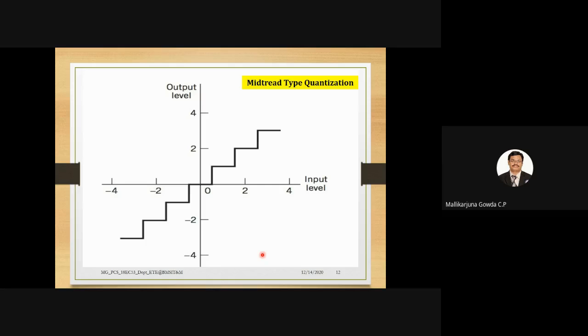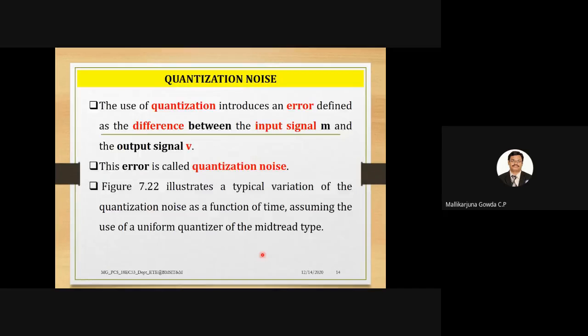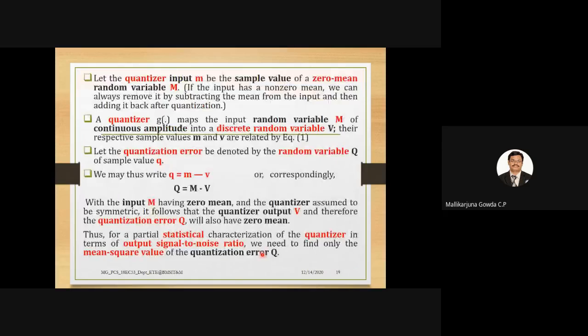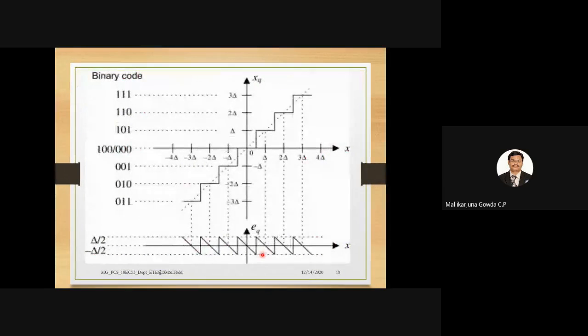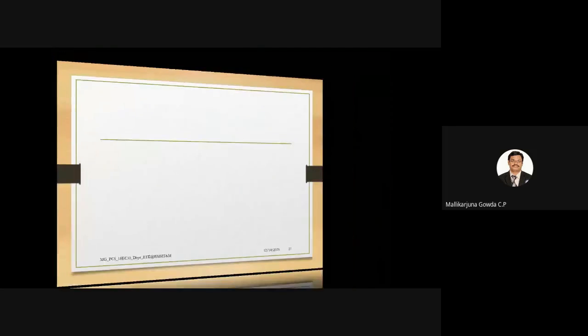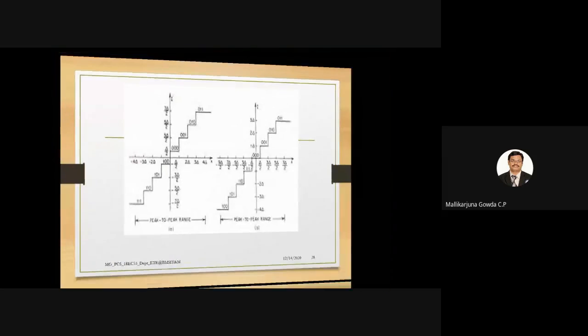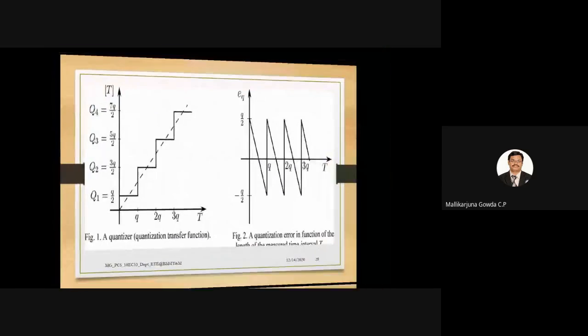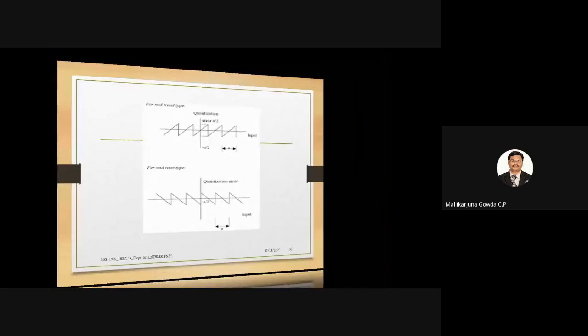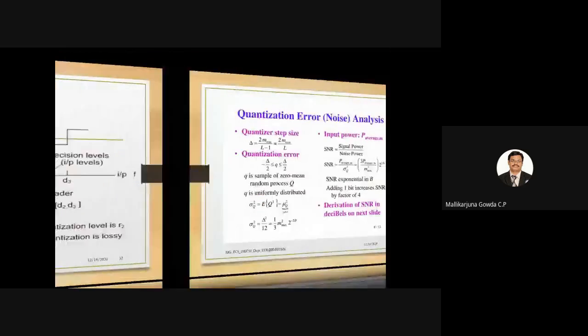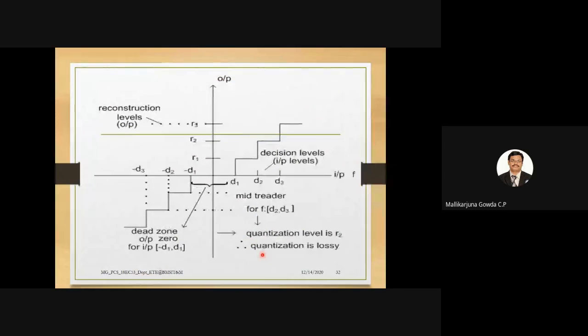I will quickly show something for a better understanding of this mid-tread and mid-rise. With respect to this also, you will be able to understand. Just think it is about a mid-tread.